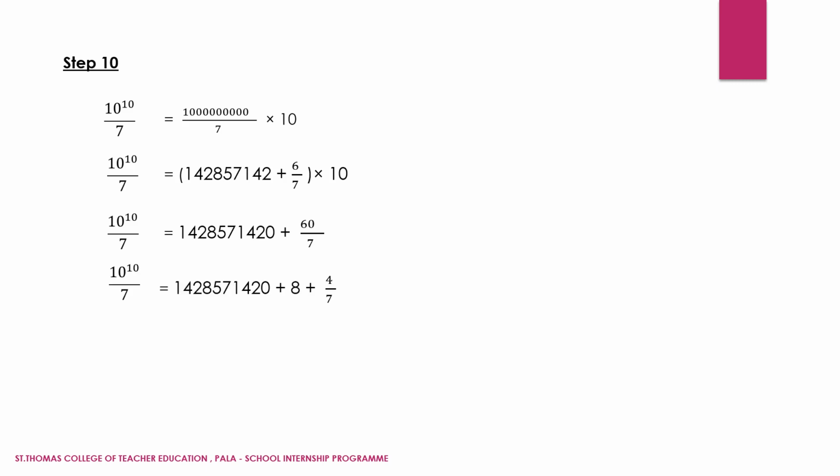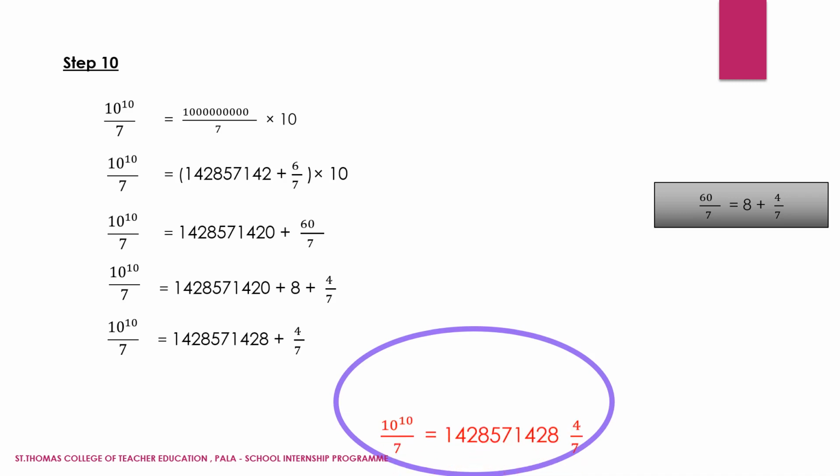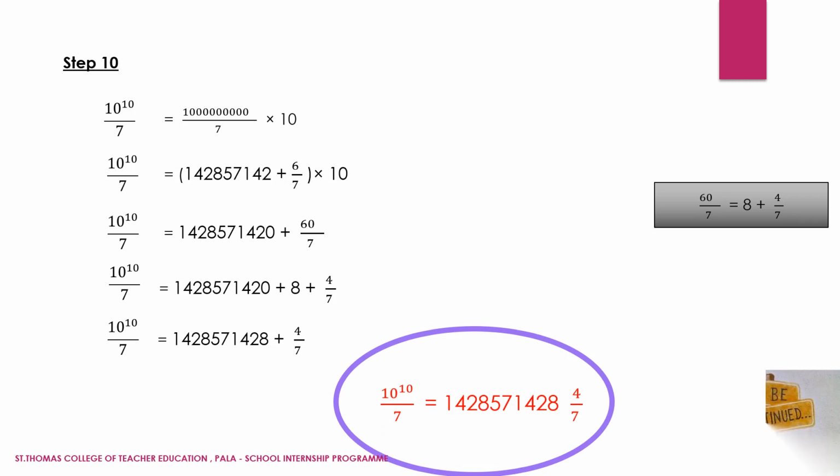On dividing 60 by 7, we get 8 plus 4 by 7. And on adding, we get a number like this. So, we can say 10 raised to 10 by 7 can be represented in terms of this mixed fraction. Now, let's continue the remaining portion in the next video.